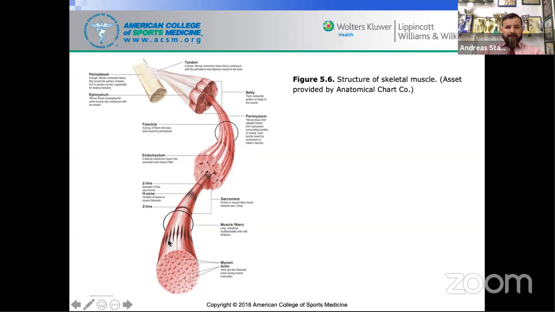The outer part of the muscle fiber is called the endomysium. Inside the sarcomere are the myosin and the actin, I'm going to come back to that in a little bit. When I have a bundle of muscle fibers, a fascicle, it is surrounded by the perimysium.